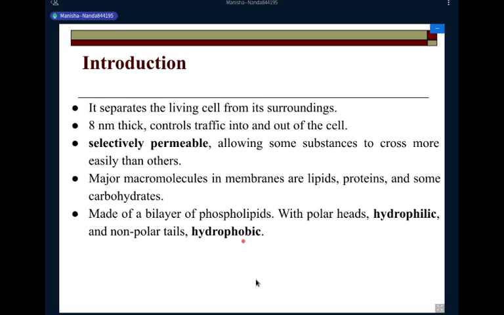Once you saw those phospholipid structures, you saw that the phosphate head, which is represented by a circle, is hydrophilic in nature, whereas the tails, since they are hydrocarbons, are definitely hydrophobic. This means these phospholipids are amphipathic in nature. That is, they show both hydrophilic and hydrophobic behavior.